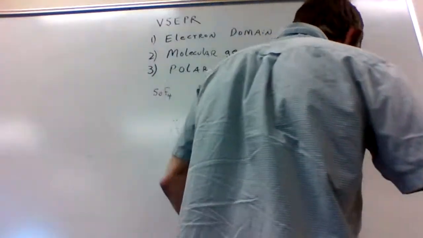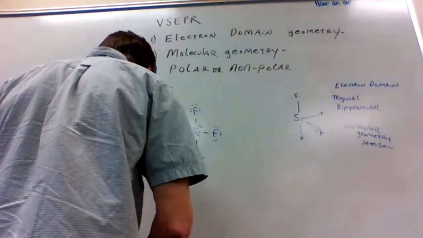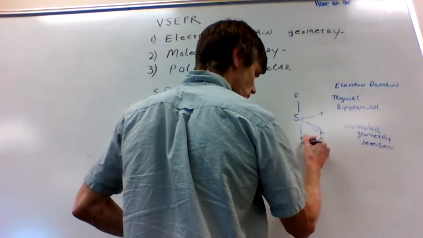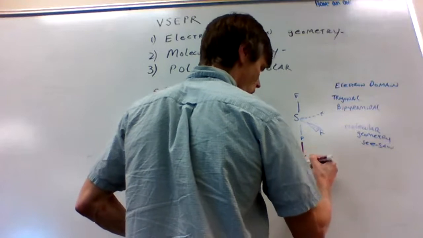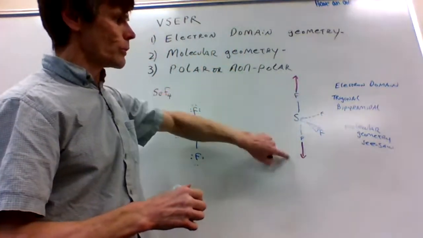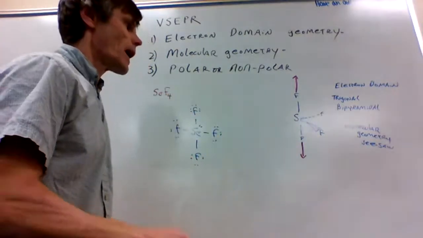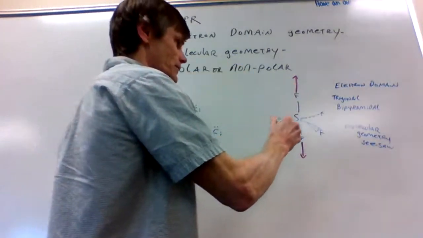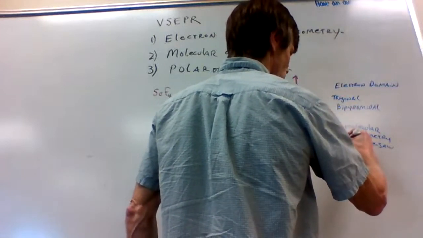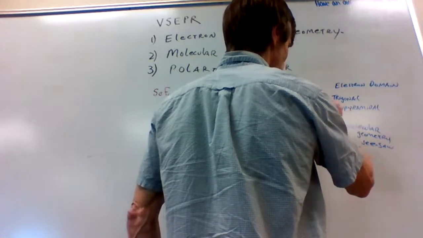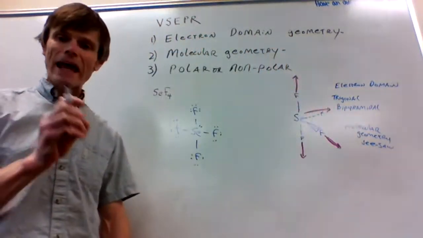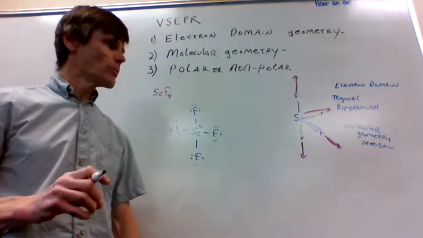Fluorine is the most electronegative atom. And fluorine is going to pull electron density below the plane of the molecule and above the plane of the molecule, and these two are going to cancel one another. However, around the equatorial axis, we're going to see that electron density gets pulled unequally around the equatorial region, and we're going to end up with a net dipole moment.